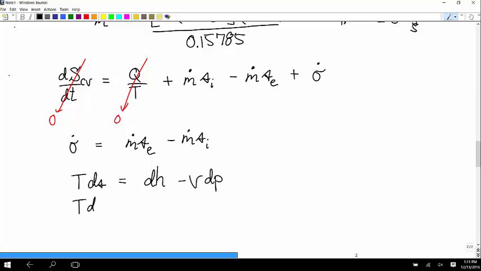And so TDS is equal to DH minus RT over P dP.